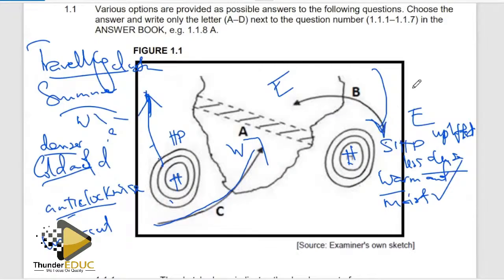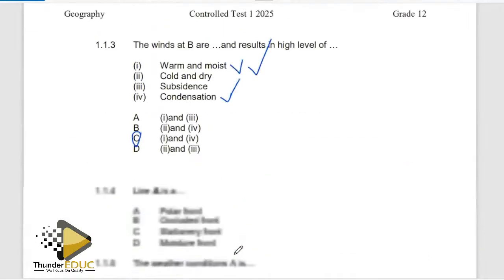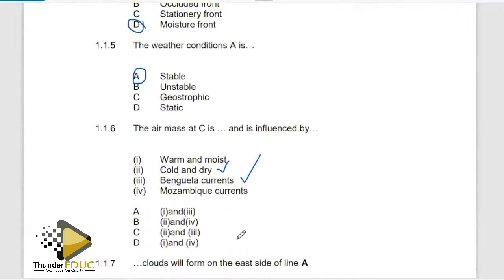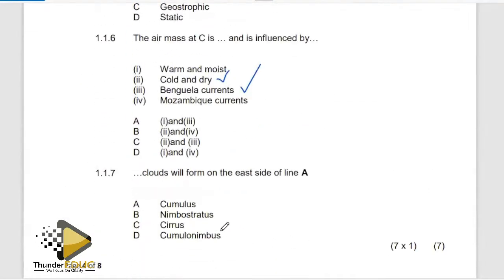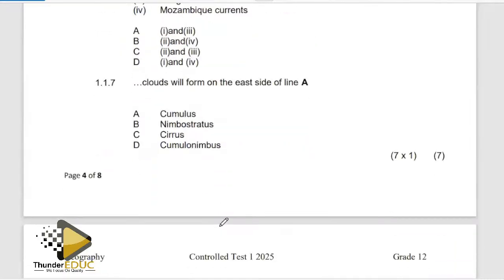So we have warm air and warm water over the Indian Ocean, and also cold water because of the influence of the cold Benguela current on this side and the influence of the Mozambique current on this side. That is what influences the temperature of the two different oceans. Right. We move on to number 1.17.